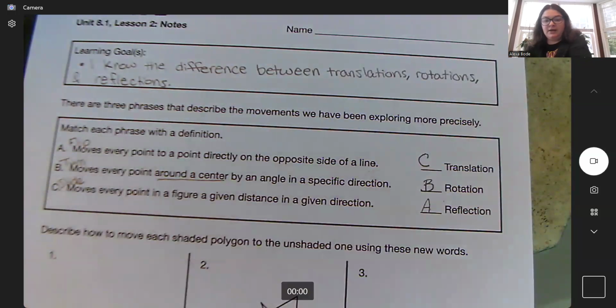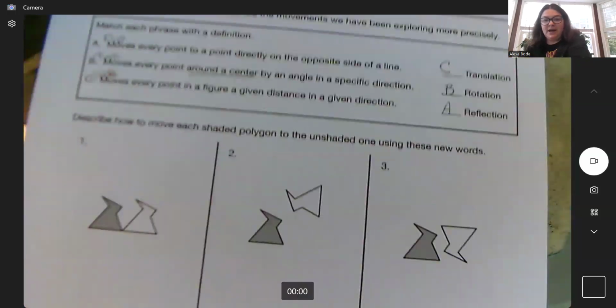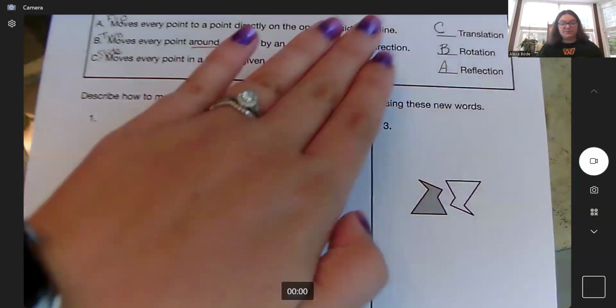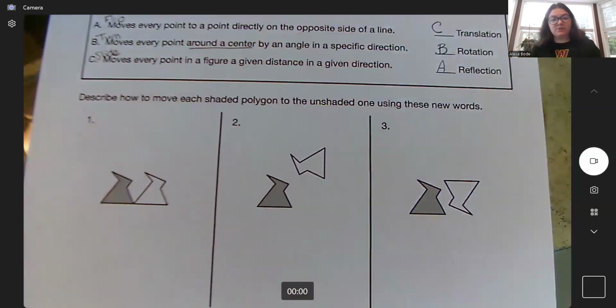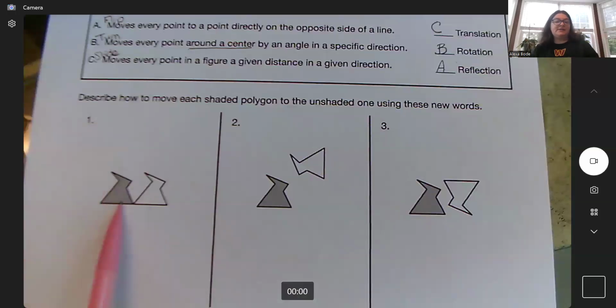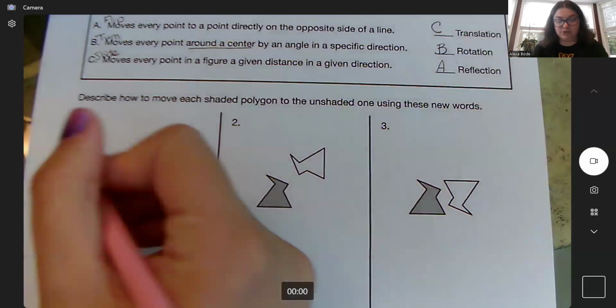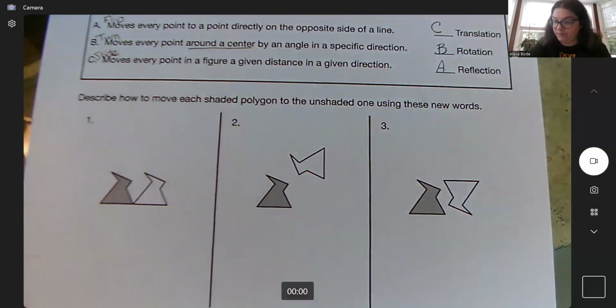So now we're going to describe how these shapes move using our new vocabulary words. If we look at this one, we see that it's still facing the same direction. This has just been slid over. So this is a translation. We want to use complete sentences here.